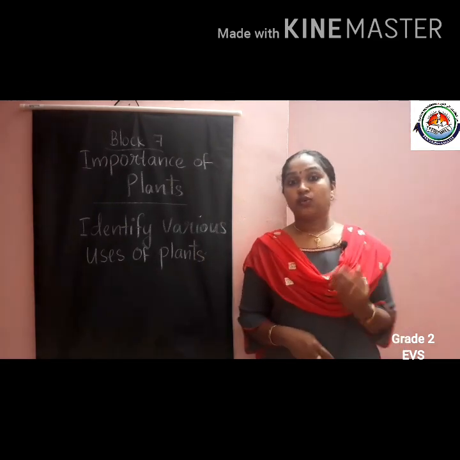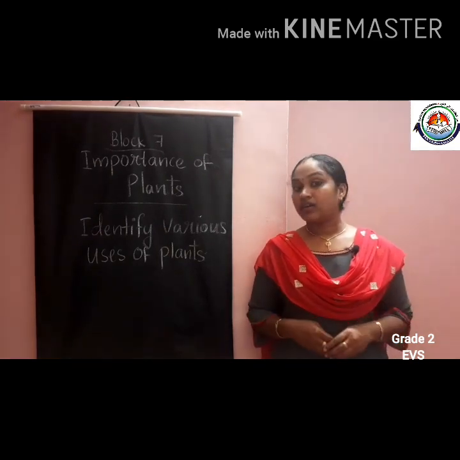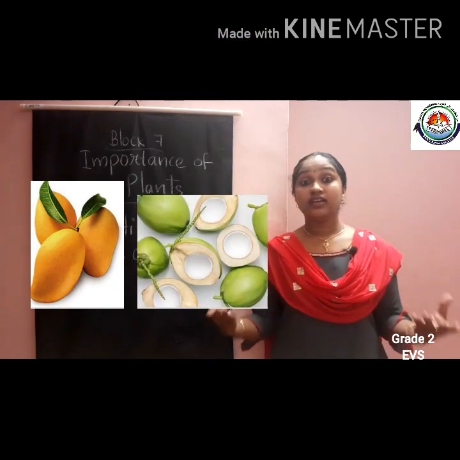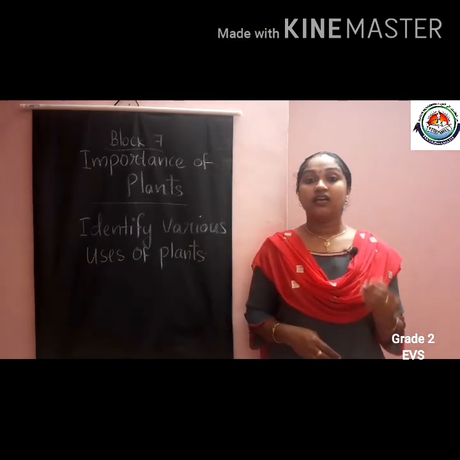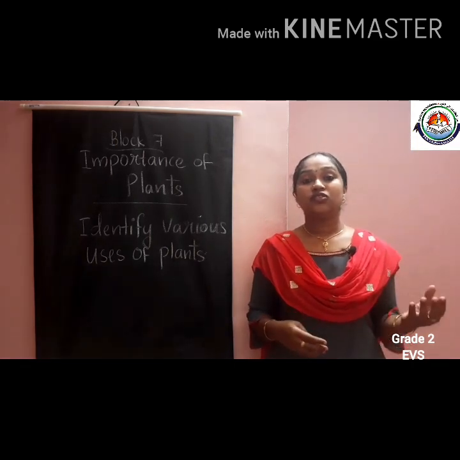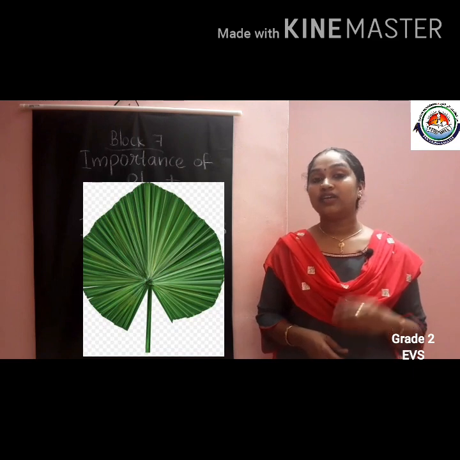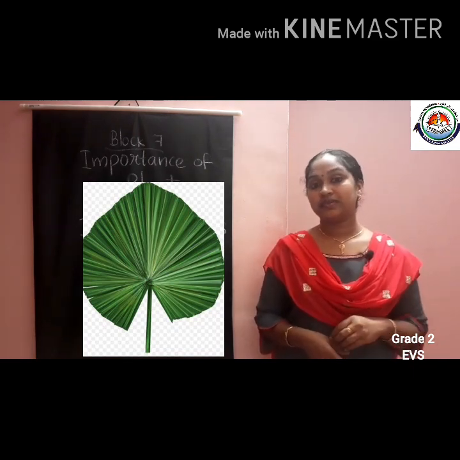Good. For example, we can eat the sweet mangoes, we can drink coconut water, we can live under the shade of the trees, and we can use the leaves of palm trees. We can strip the palm leaves and use them as mats to sit and to sleep.